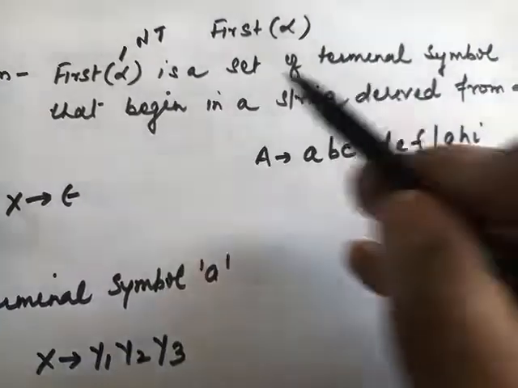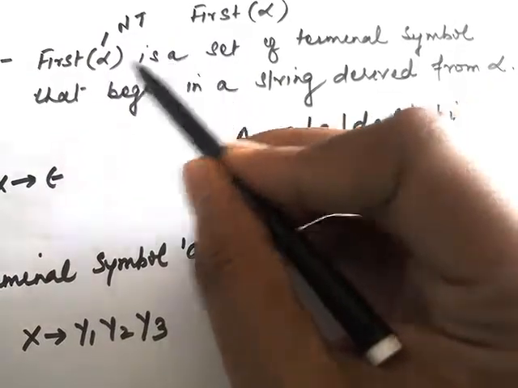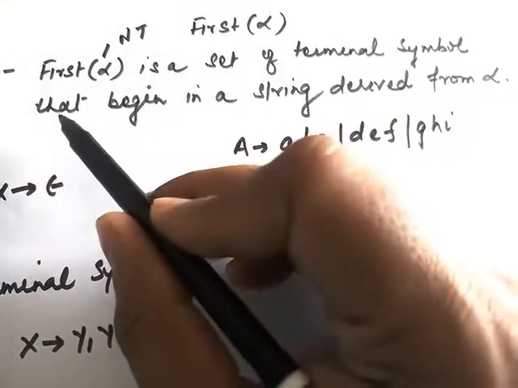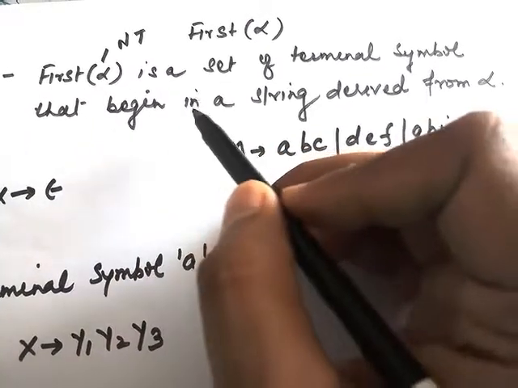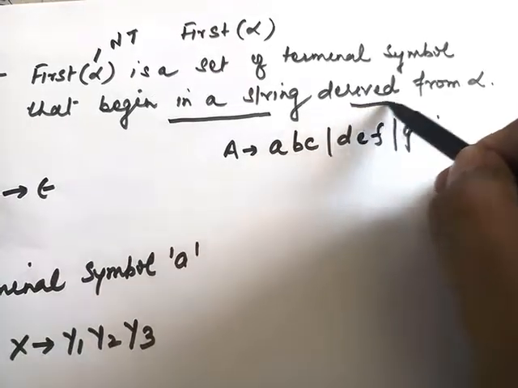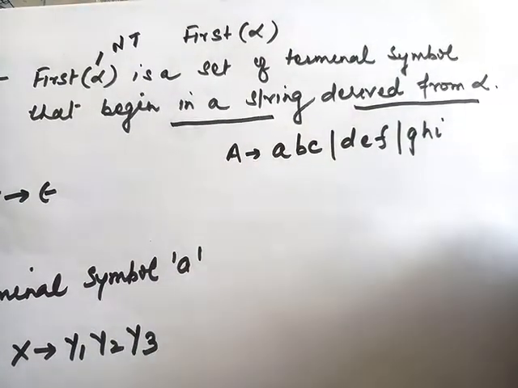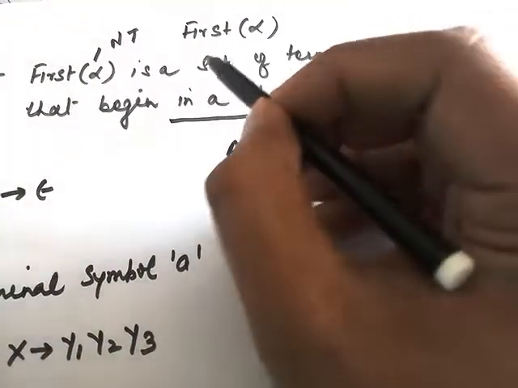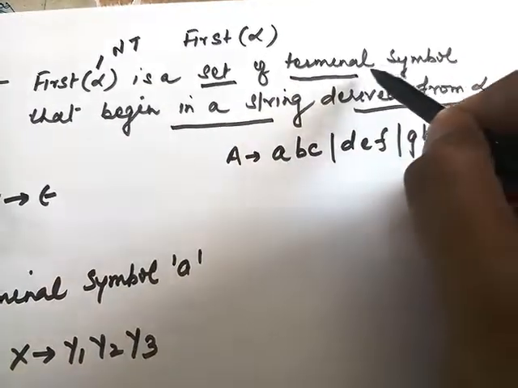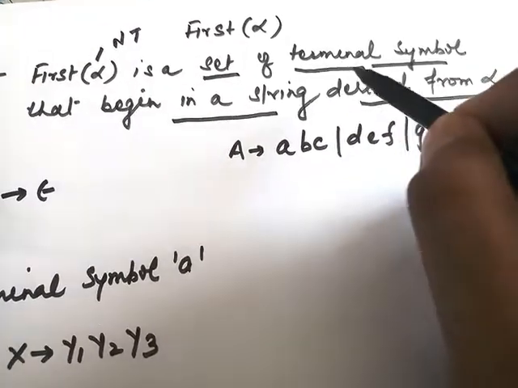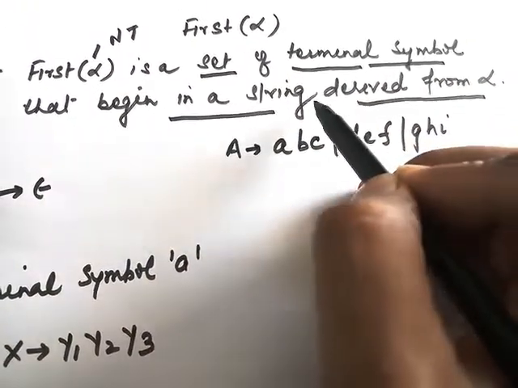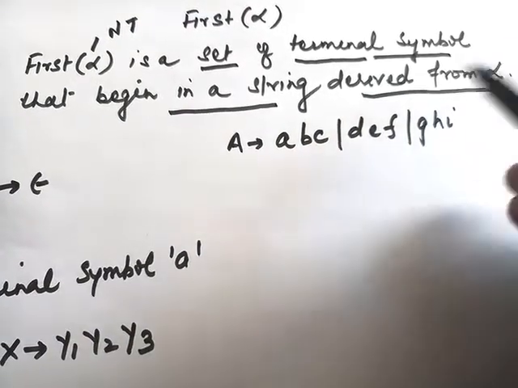You can say the first of alpha is a set of terminal symbols that begin in a string derived from alpha. So first thing is it is a set, and it is a set of terminal symbols, so it will have only small case letters that begin in a string derived from alpha. So we'll take this example.